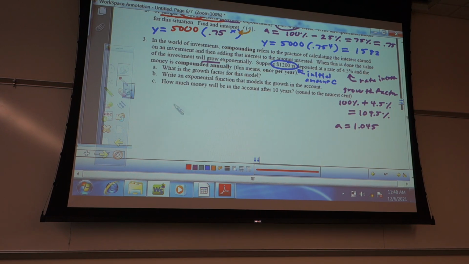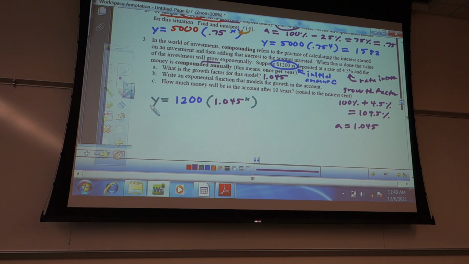So I have y equals my C, 1200, times my A, 1.045, to the x. Great. So the growth factor was 1.045.